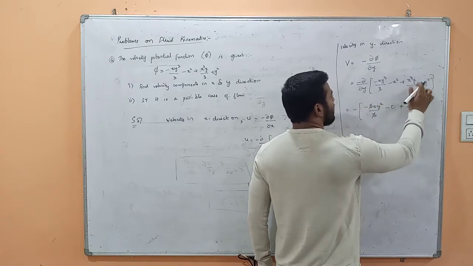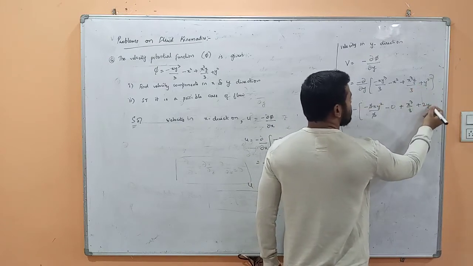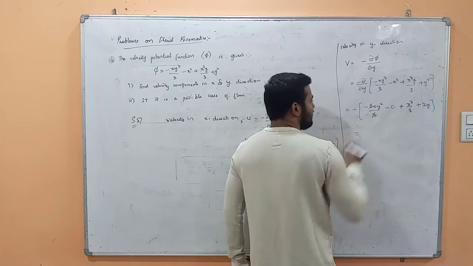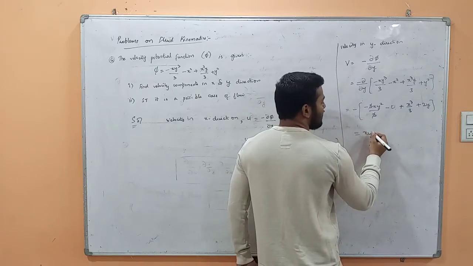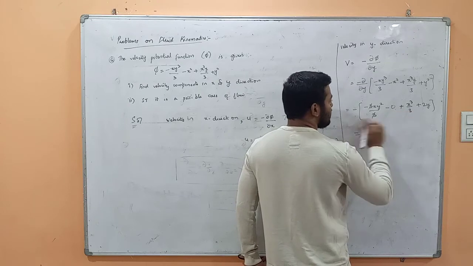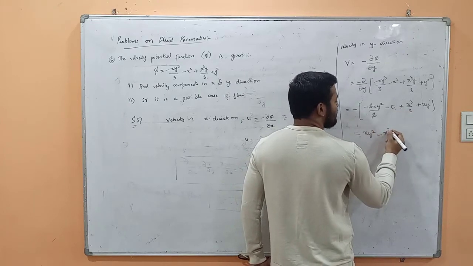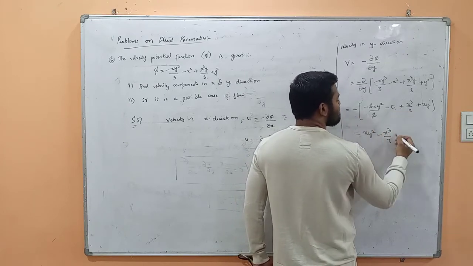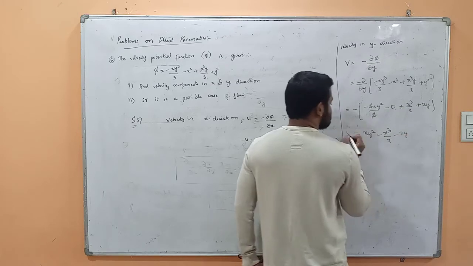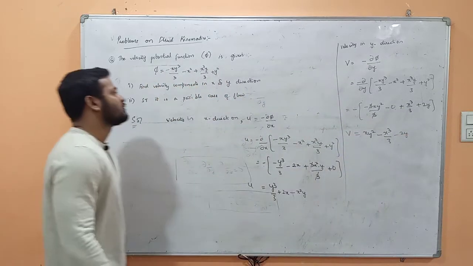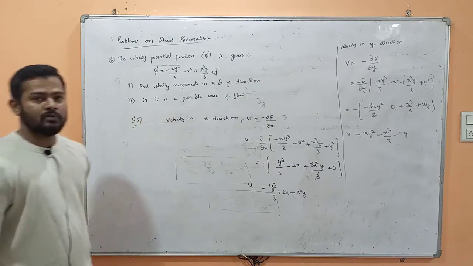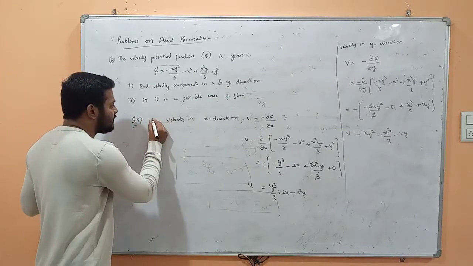Dou by dou y of y is 1, plus 2y. Now multiply the minus inside: minus into minus plus; 0 you can neglect; minus into plus minus. So this is the velocity in y direction. This was the first bit, where we found the values of u and v.